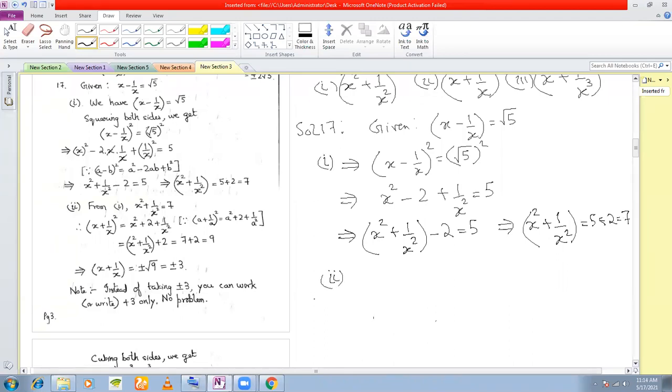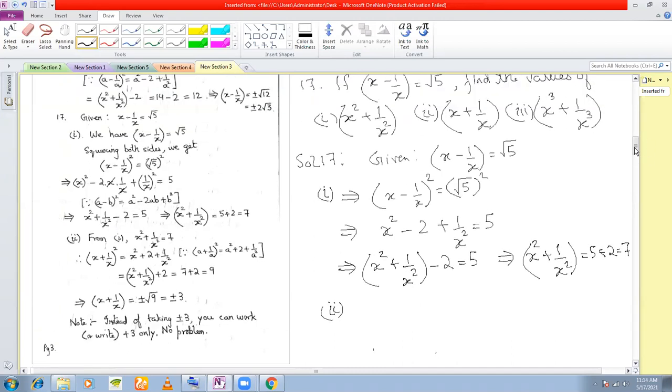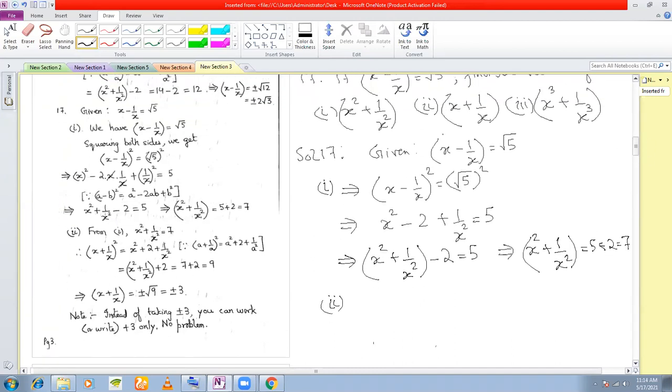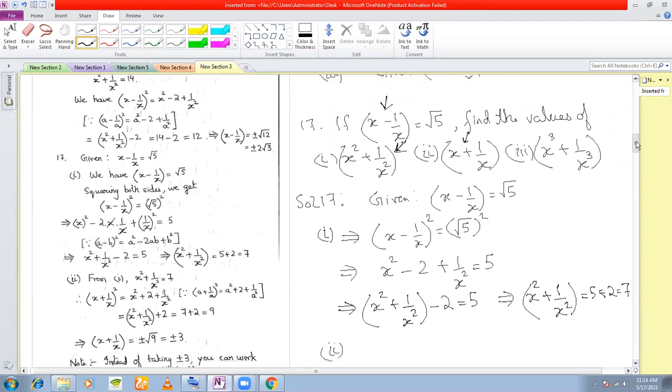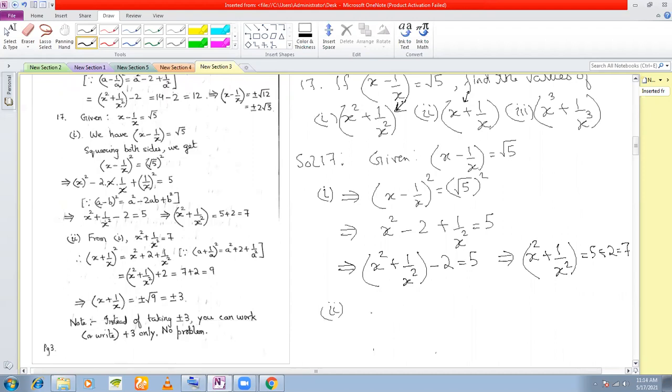Second part here is you need to find out x plus 1 by x. Now, as I told you, if you know x minus 1 by x, and you want to find out x plus 1 by x, you first need to find out x square plus 1 by x square. We have already found that value. So we'll start with x plus 1 by x whole square, and write the expansion simply: x square plus 2 plus 1 by x square.